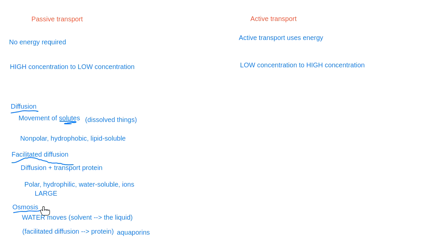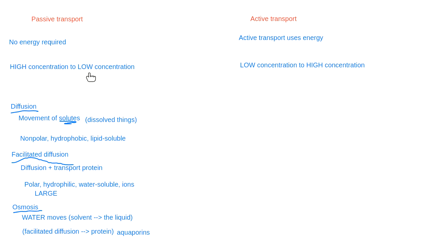We're going from where there's a lot of water to where there's a little bit of water. So keep in mind when you're sorting things in your mind, these three processes are passive transport, meaning there's never energy required, and we always go from high concentration to low concentration every single time.